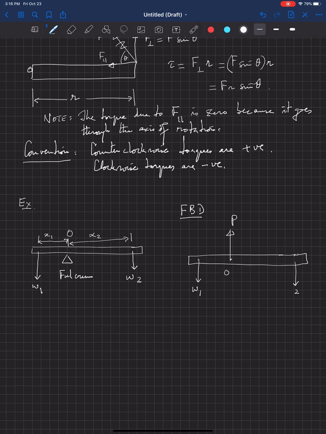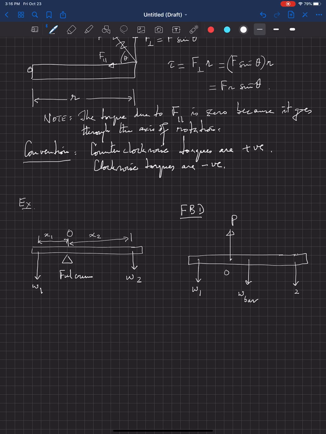These two forces are something that we've added, but there's another force out here, which is the weight of the bar itself. Okay, and so let's let the action of the weight of the bar, I will call this W bar.